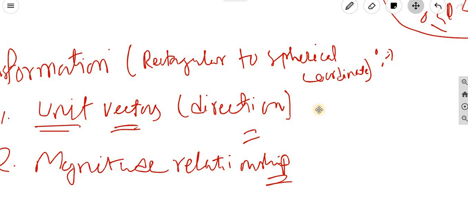But here, passing through a plane, we will get 3 components: one parallel to the plane and another in another direction. So we will divide a r, a theta and a phi into three components, in the ax, ay, az directions. Clear?